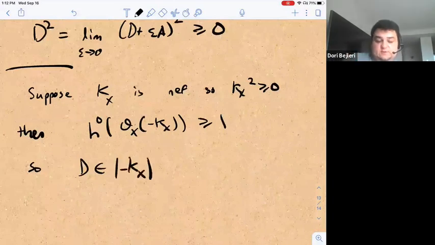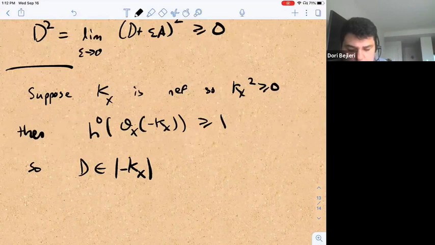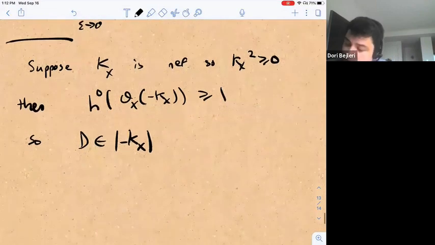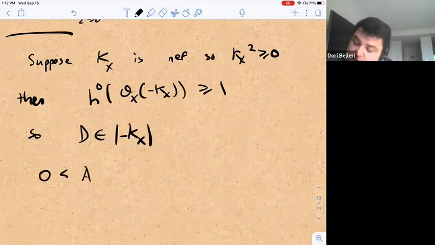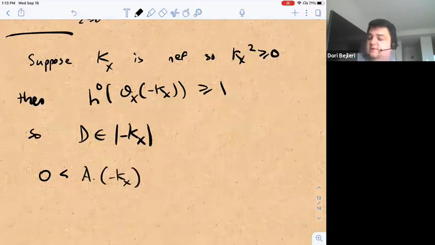We can find some actual D. But then A times minus KX, where A is some ample, is strictly bigger than 0 because minus KX is effective.